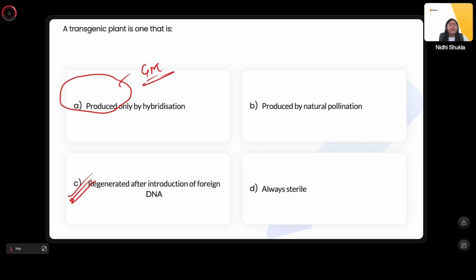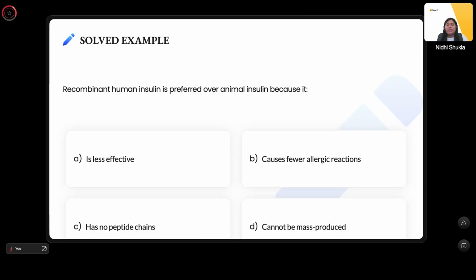What is a genetically modified organism or a transgenic plant or animal? It is a plant or animal whose DNA or RNA has been altered artificially to express a foreign gene. A transgenic plant is no different. It is regenerated after introduction of foreign DNA. Option C is the correct answer.